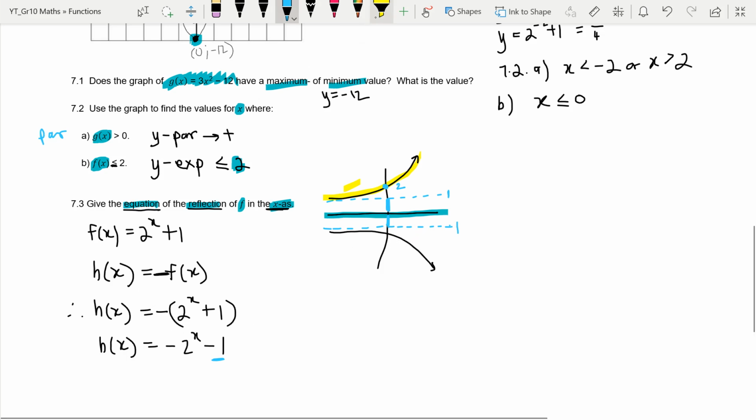And this is very important: over here we've got a positive a value, which means that our curve would be above the asymptote. And now our reflection h of x that we worked out algebraically by multiplying by the negative now has a negative 1 asymptote, which means that the curve will be below the asymptote. So it lines up and we are definitely correct.